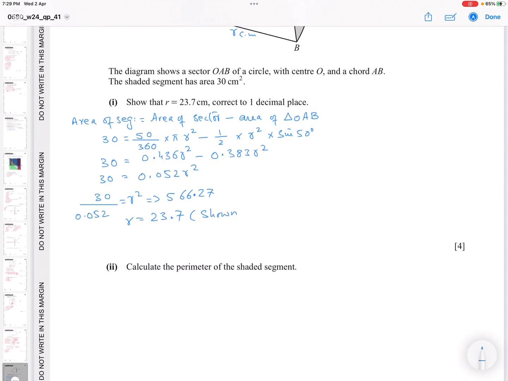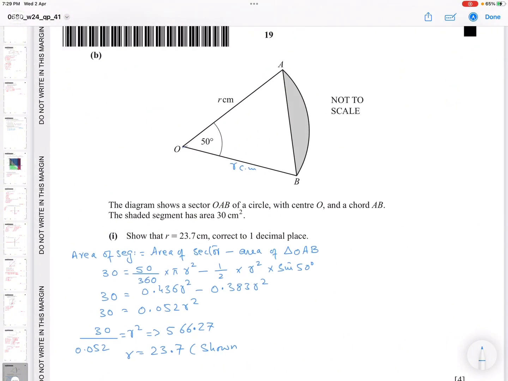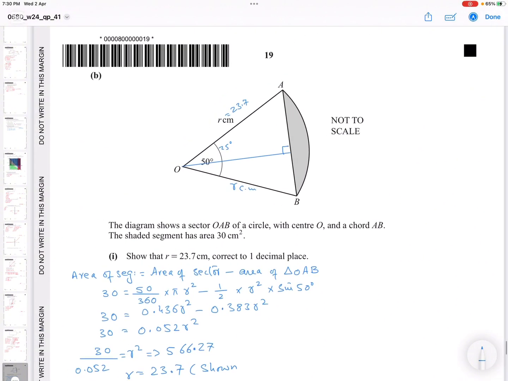Calculate the perimeter of the shaded portion. To solve the perimeter, we have already 23.7. So this becomes 25 degrees. Opposite over hypotenuse, sine theta.